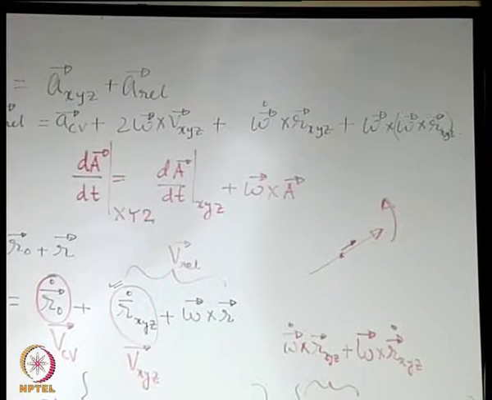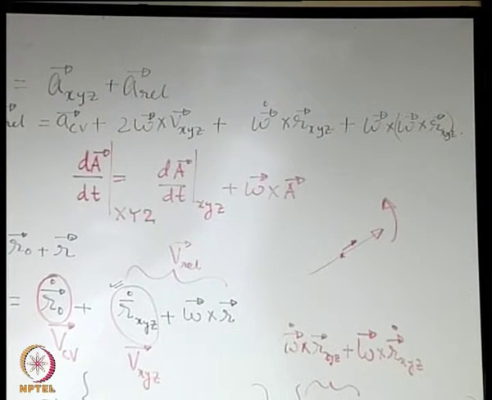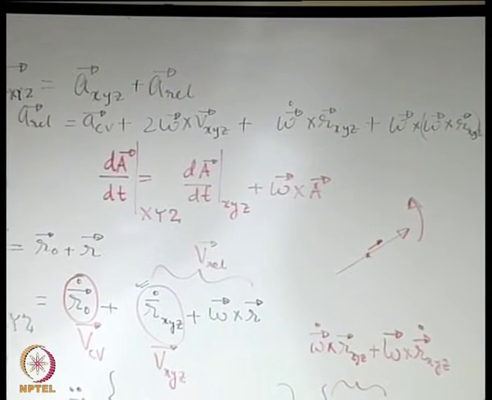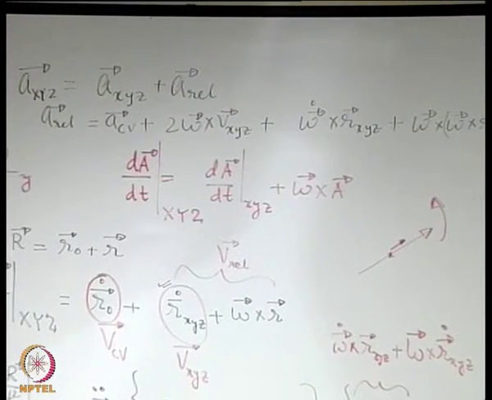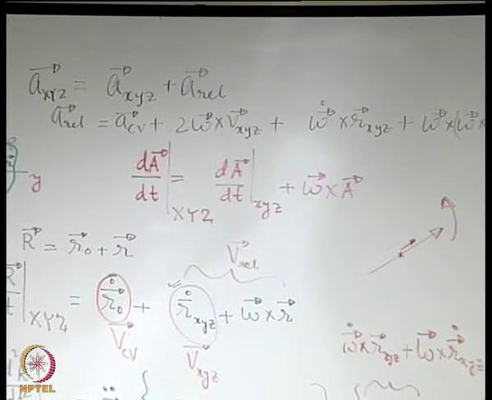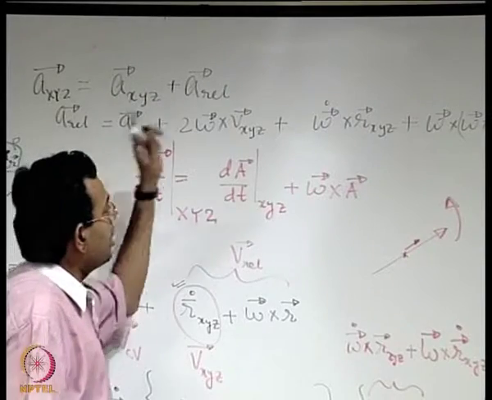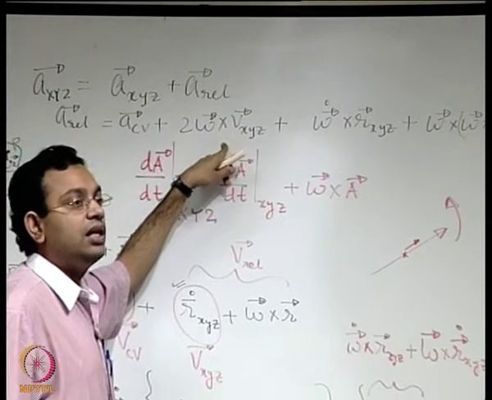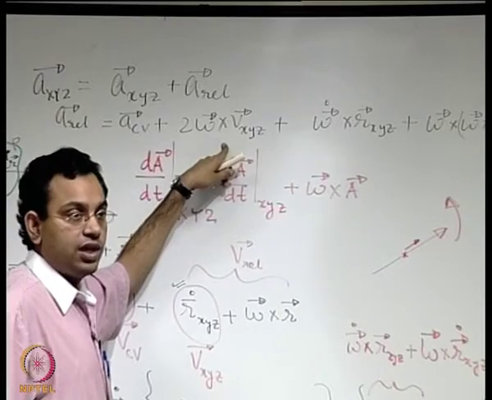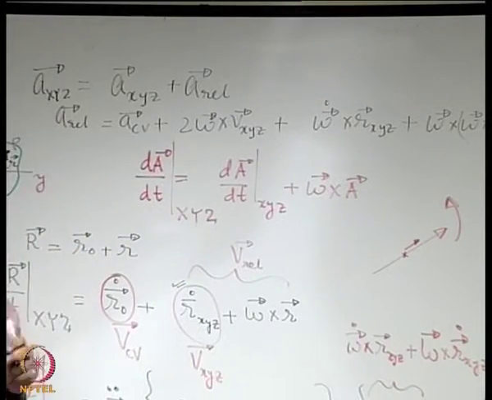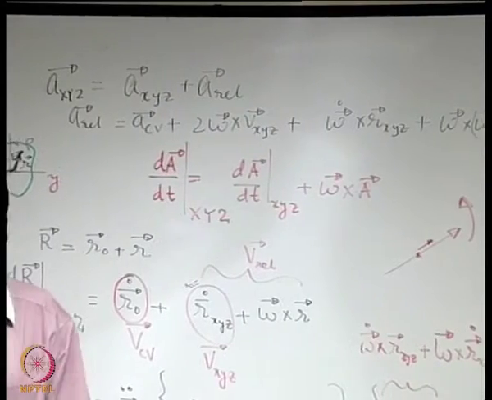So, you can clearly see that this is basically a transformation from a reference frame which is stationary to an arbitrarily moving reference frame, and when you do that, the transformation terms appear in the form of quantities which you are visualizing relative to the moving reference frame, because when you are writing your equations of motion relative to the moving reference frame, all quantities you are measuring relative to the moving reference frame.